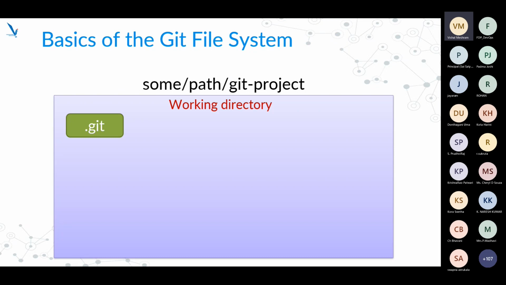Again, I repeat: first we create one empty directory, then we issue the command git init. It creates one hidden folder, which contains all the configuration and the database used by Git.